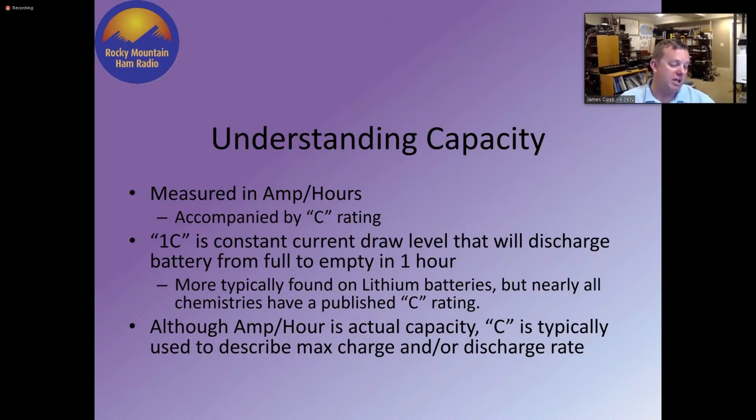So 1C would be a constant current draw level that will discharge the battery from full to empty in 1 hour. You will find almost all lithium batteries have a C rating printed on them. Almost no lead acid batteries have them, although you can figure it out. C is the capacity of the battery, but it's often used to describe the safe charge or discharge rate for the battery as well.